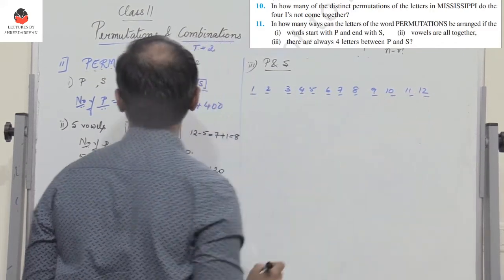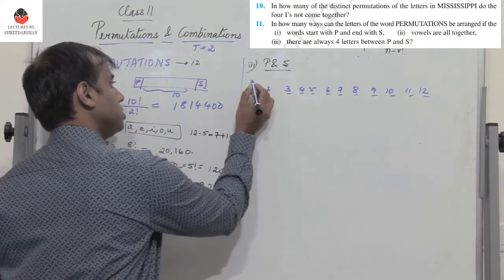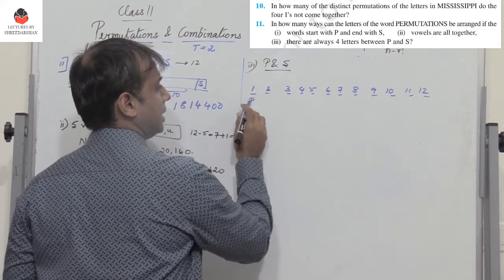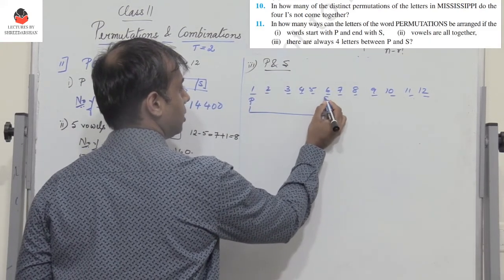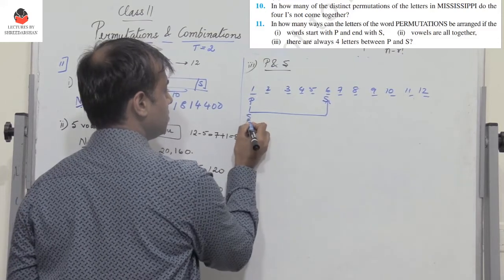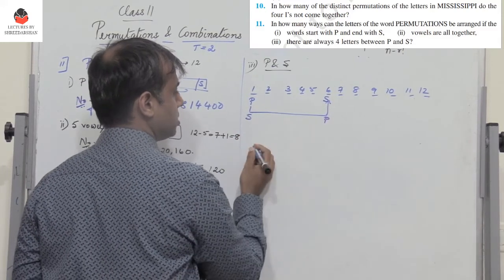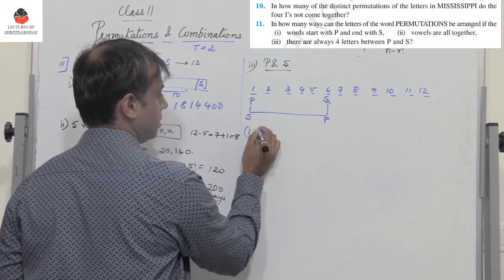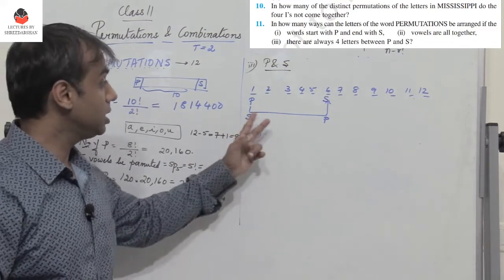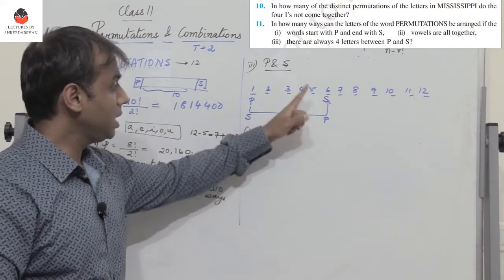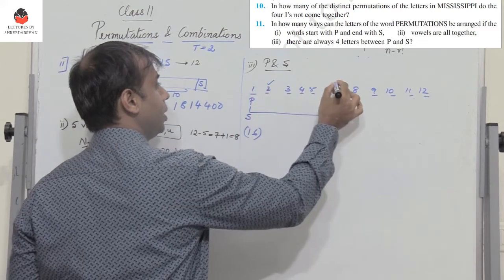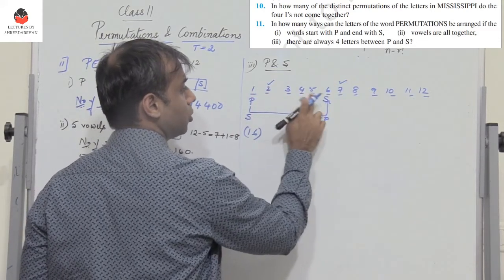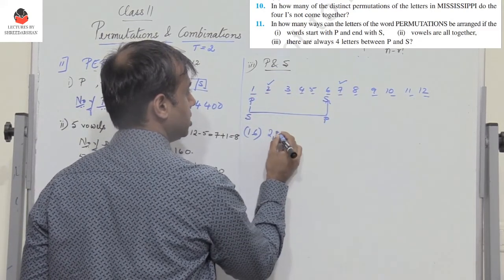Now if P is present in position 1, then S can be present in position 6, or if S is present here, P should be present here. So it's going to be 1, 6. And how many possibilities are there? There are 2 possibilities, PS and SP. What about the next one? 2 and 7. So in between there are 4, 3, 4, 5, 6.